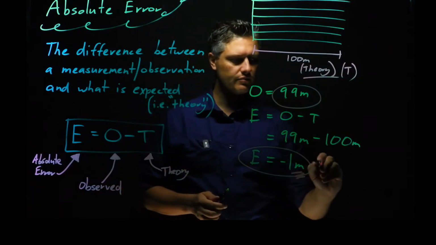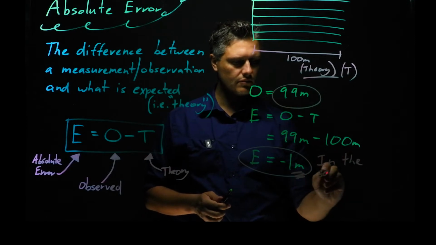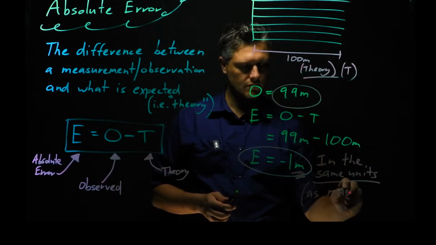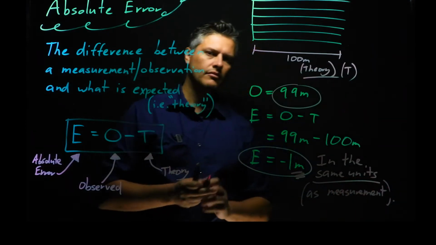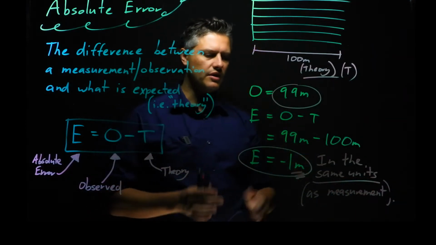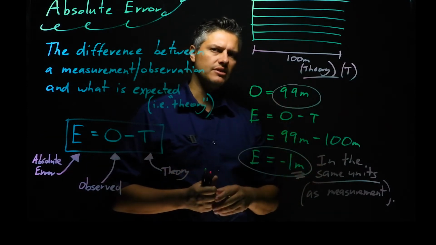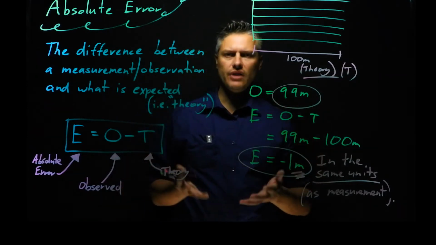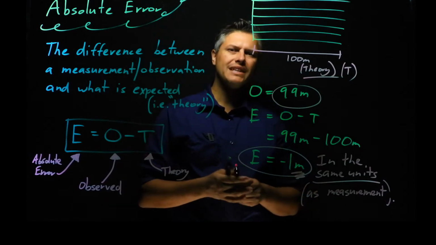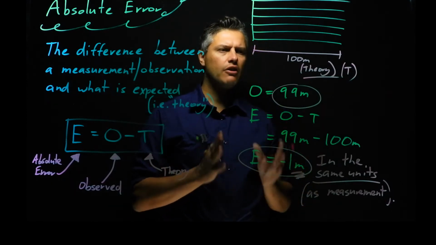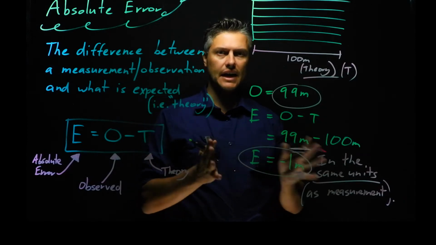Let's write that now. So that's a really important concept there, that absolute error is in the exact same units as the measurement itself. Now what is absolute error a measurement of? Well, it's actually a measurement of accuracy and validity. How close you are to what's expected, that's accuracy.